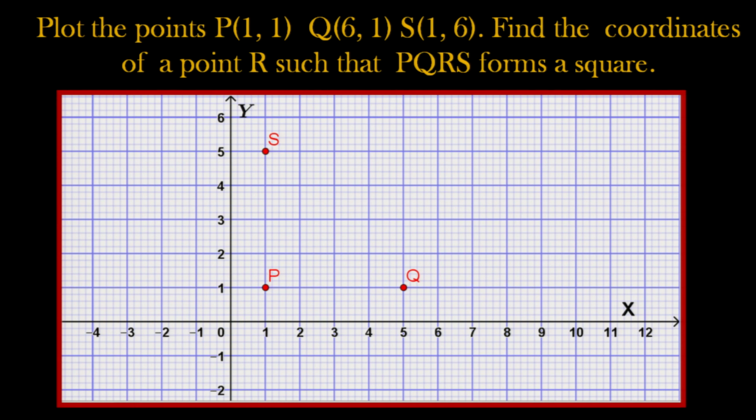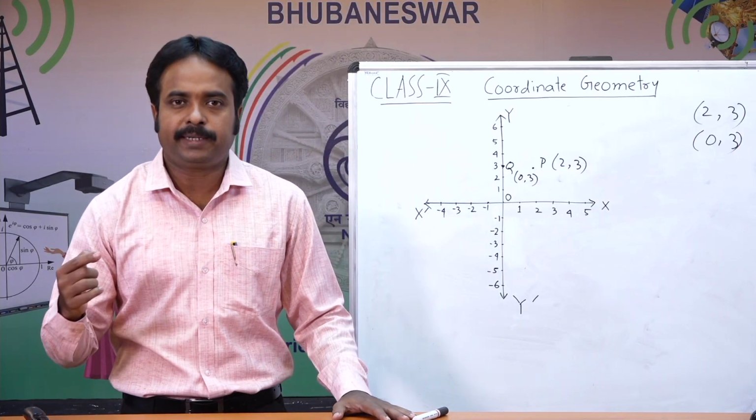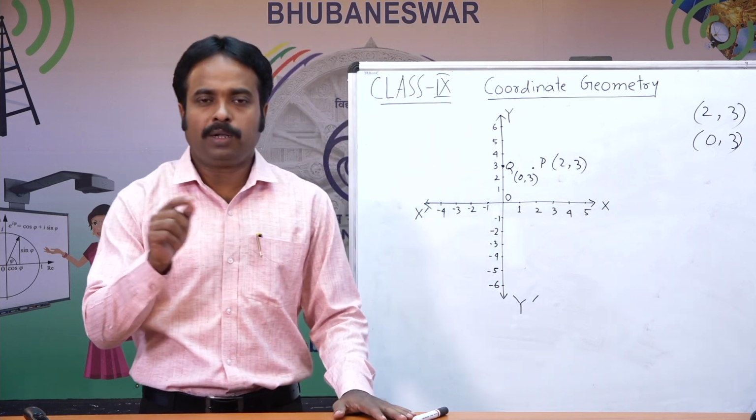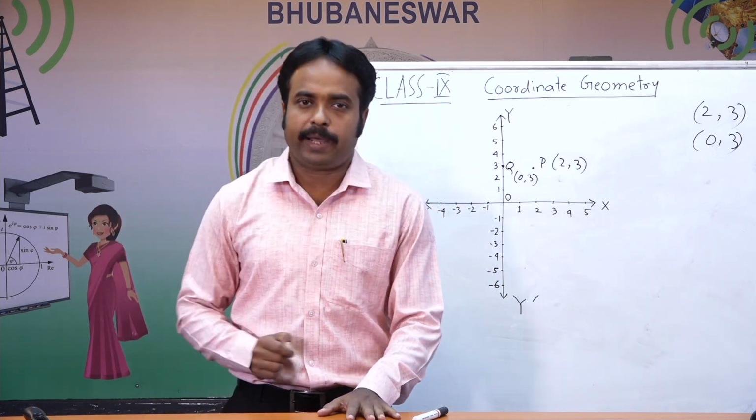Now if you observe, what is the length of PQ? You may see that the length of PQ, that is the distance, is 1, 2, 3, 4 units. In the same way, the distance between P and S is 4 units. That means we have to take a point R such that they will form a square.